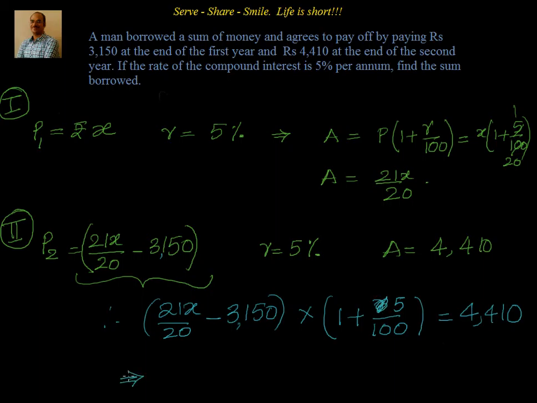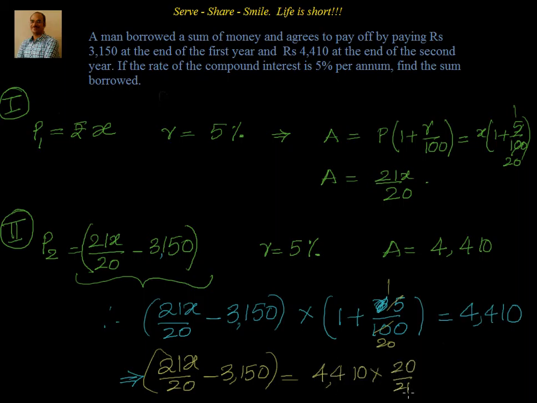So can I say 21x by 20 minus 3150 is equal to, simplifying this, 1 plus 5 by 100 is 21 by 20, so 4410 into 20 by 21. If you simplify that, you will get 4200 rupees.